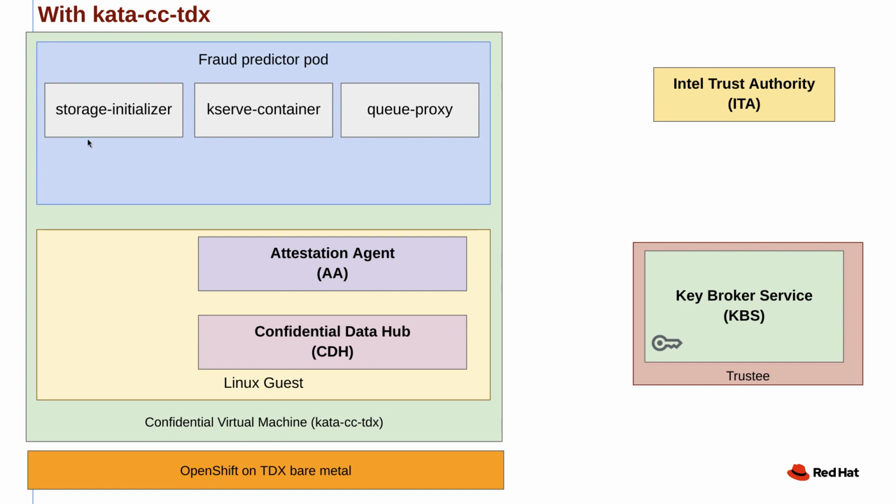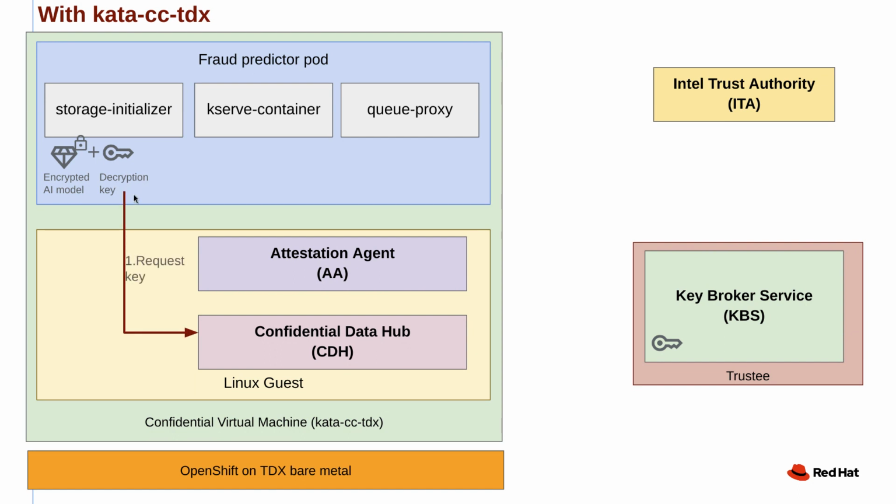This container is mainly responsible for downloading the encrypted AI model and decrypting it. So let's see the process. It downloads the encrypted AI model from the MinIO storage, and then it needs to get a decryption key to decrypt this model. So how to get this decryption key?